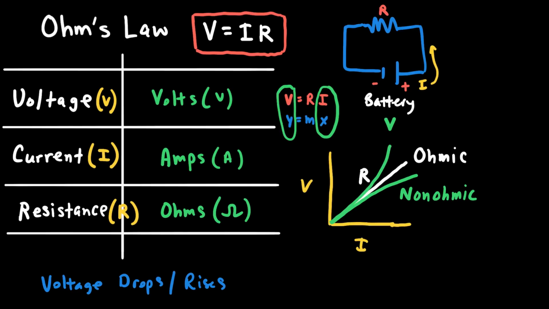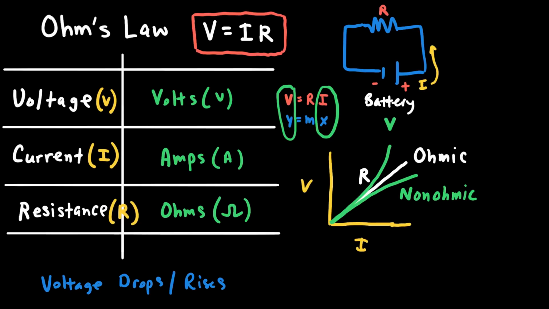There's an increase, which is why I gave the analogy of the escalator. As the charge moves across the resistor, there's a voltage drop. And over time, you must imagine that if the charges keep rising and dropping as they go across the battery and the resistor, eventually the battery is going to run out of energy. And so where did all of that energy go? And this is where power comes in.